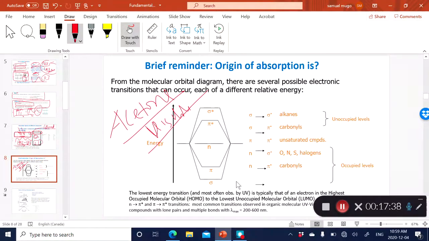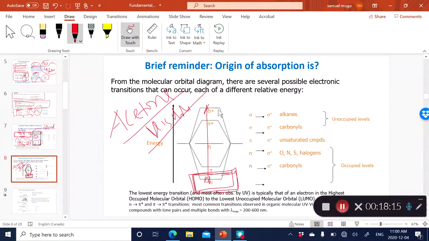If I've got a straight chain hydrocarbon, the electrons present only occupy the sigma orbitals. They do not have any pi orbitals or non-bonding n orbitals. For that reason, hydrocarbons typically do not absorb visible radiation, because a transition from the sigma to the sigma star is a very, very large transition.